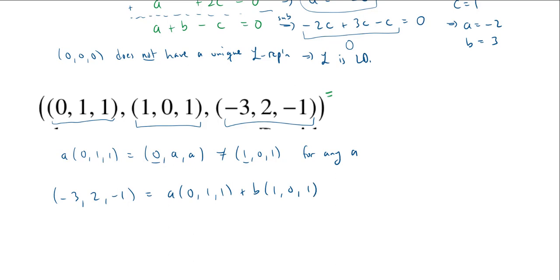Okay. And again, I can use this to set up a system of equations. But I want to work more easily than that even. I'm going to work one step at a time. If I'm going to be able to show that -3, 2, -1 is a linear combination of the previous two, then it should work even in the first component.